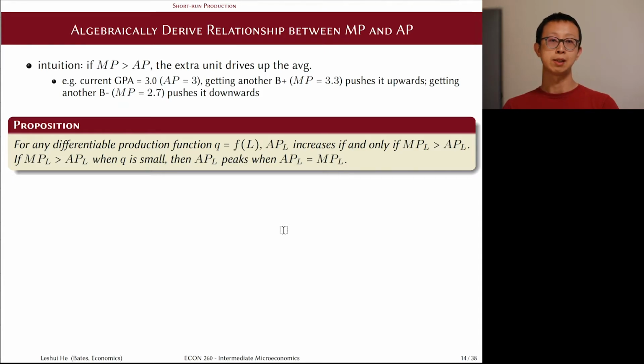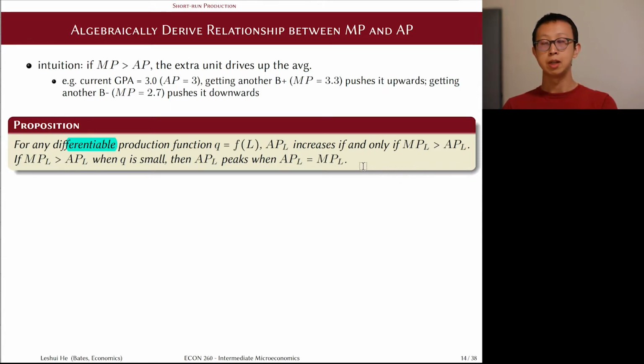The statement says that if we have a product function f, which is a function of labor input L, and if the function is differentiable, which means we can take a derivative of it to find the marginal product of labor, then the average product will increase if and only if the marginal product is higher than the average.